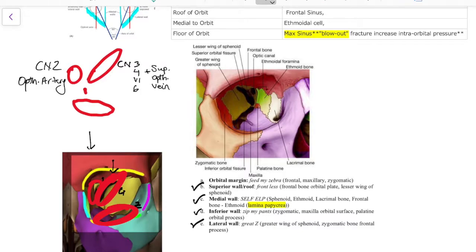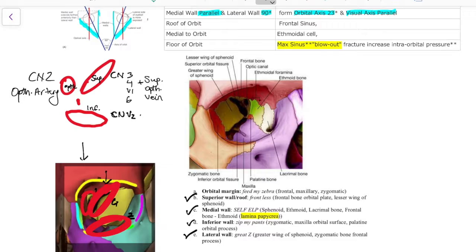And then the inferior orbital fissure, this one right here. This was my superior, this is my optic. Inferior will have your V2, the maxillary branch, and the inferior ophthalmic vein.